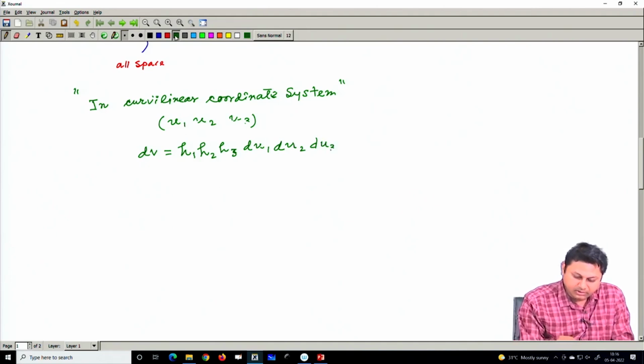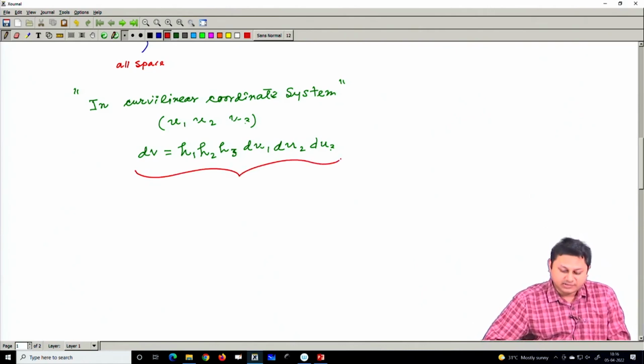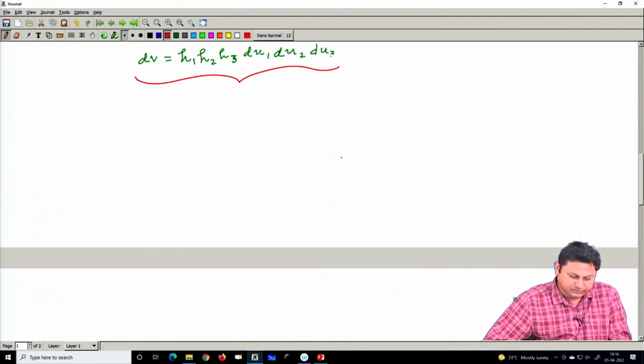This is the way we define the volume element in a curvilinear coordinate system.